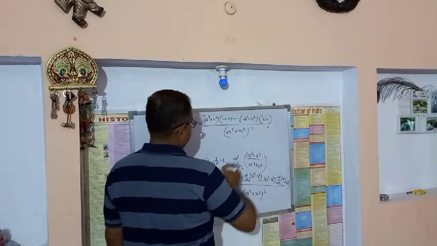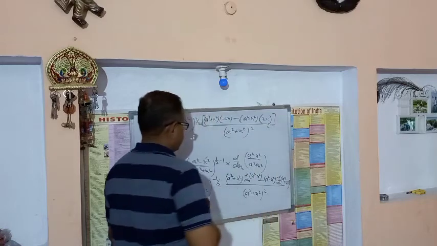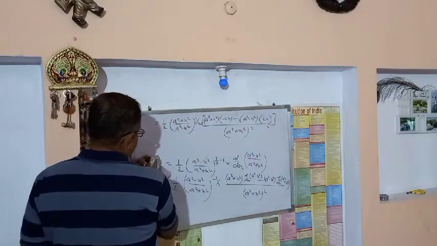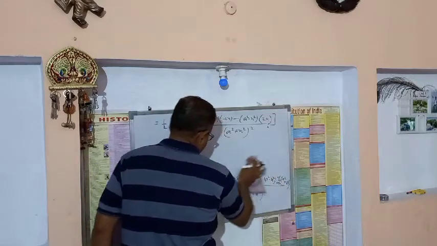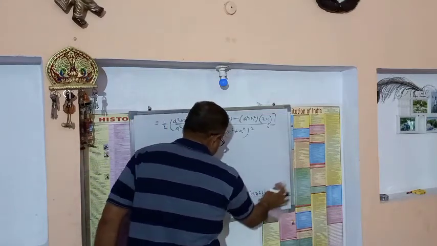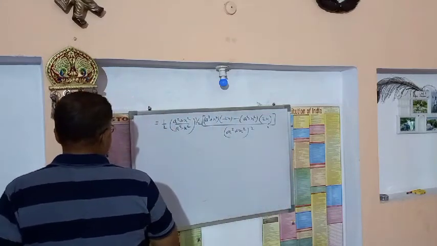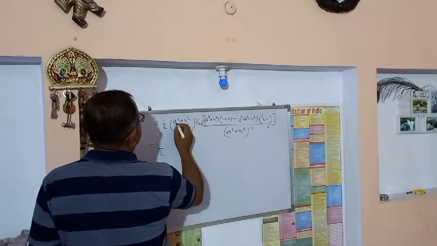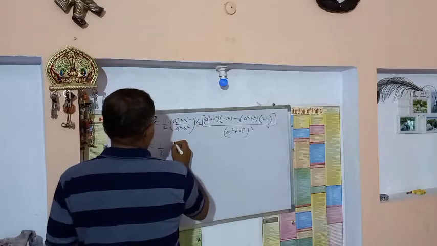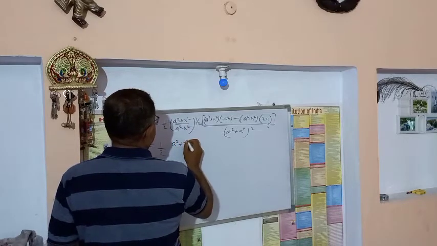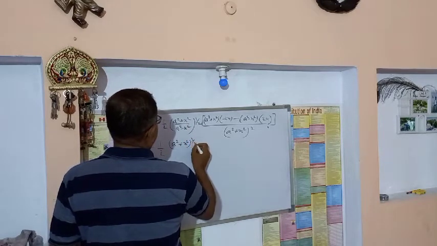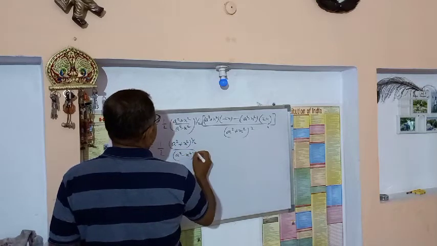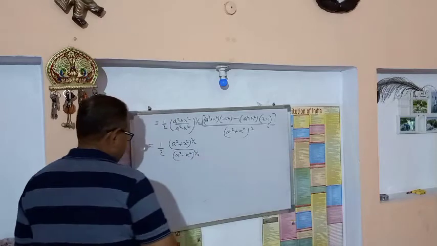Right here, 1 by 2, a square plus x square to the power 1 by 2 upon a square minus x square to the power 1 by 2.